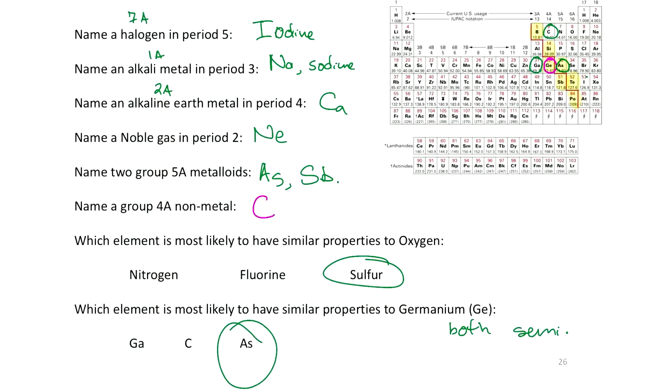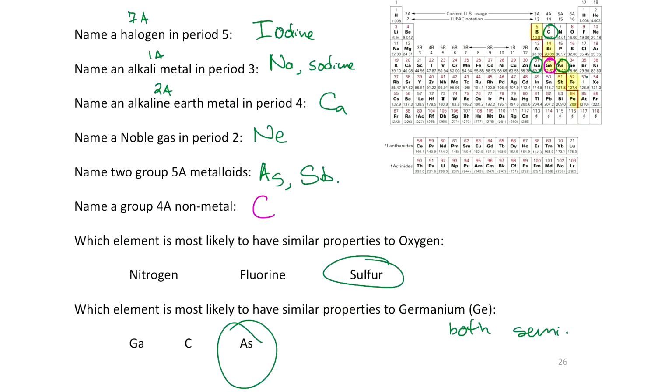Yes, I chose two things in different columns, but we also have to consider what kind of element it is. Is it a metal, or a non-metal, or a semi-metal? So do consider that as well. I'm trying to think off the top of my head of another example, but I can't right now.